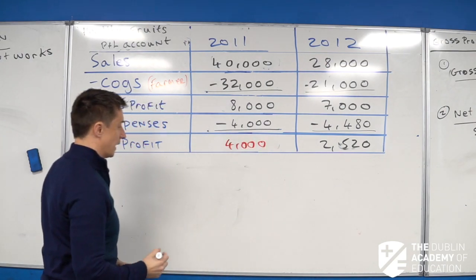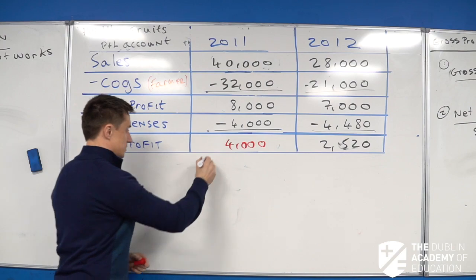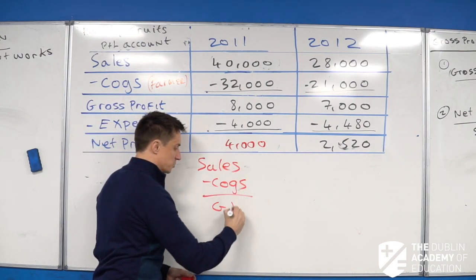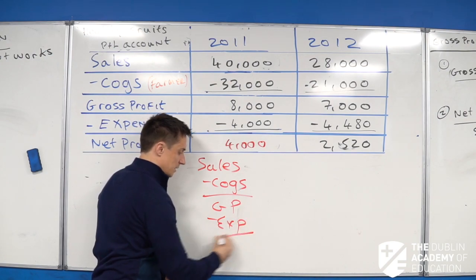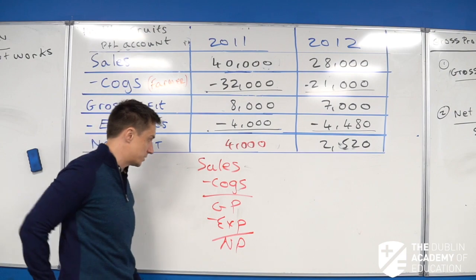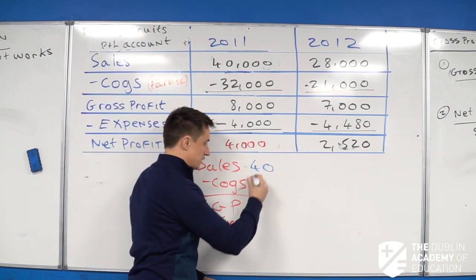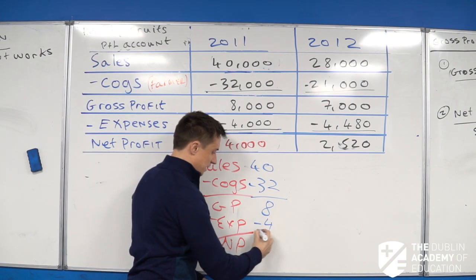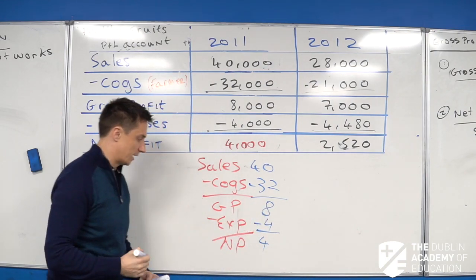I'd always say to my class, this takes you about 10 seconds. Always go sales minus COGS gives you the gross profit, minus expenses, that gives you your net profit. Do that in your leaving cert, and then you're like, right, my sales 40,000 minus my COGS 32,000, gross profit 8, minus expenses 4, and then your net profit's there, 4,000.